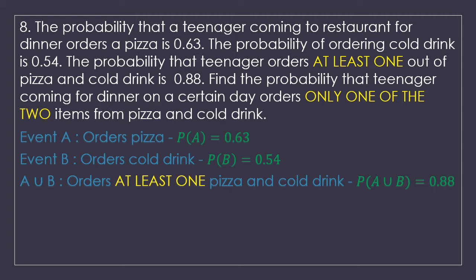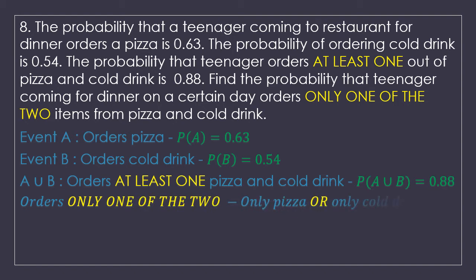Now the main thing starts. The question here is only one of the two items. That means when he orders only one of the two items, it can be only pizza or only cold drink. Now, if you remember the events from my probability tutorial 1.3, if not, just check the top right corner of the screen.